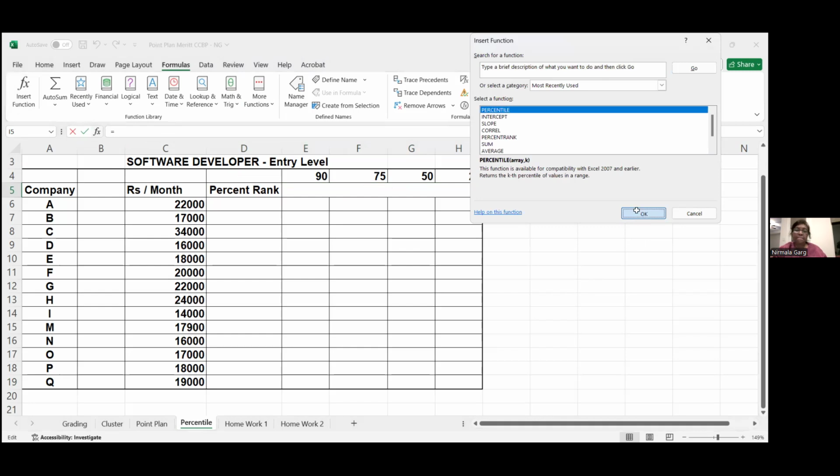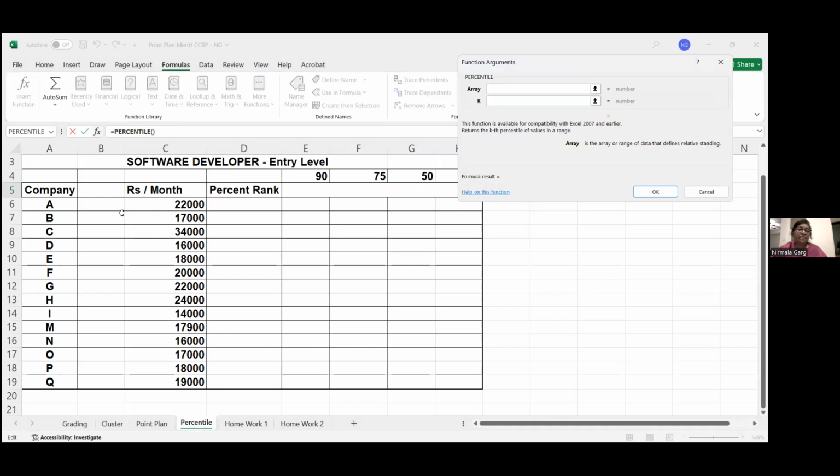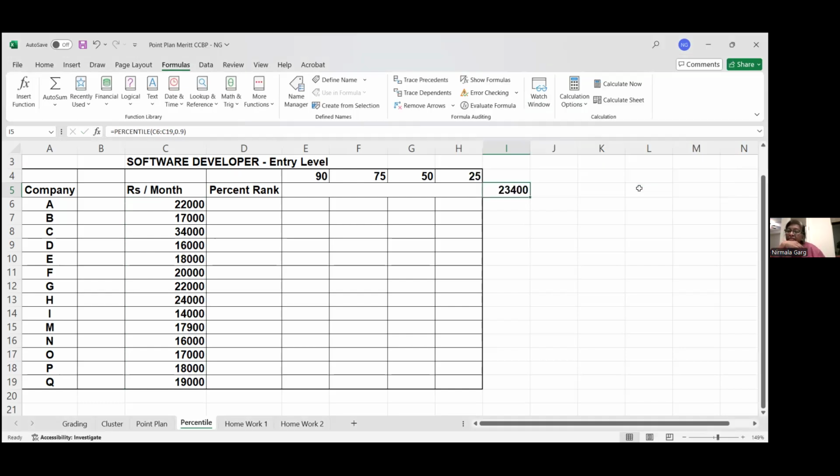Then the array. Then 0.9. Okay, so what is the amount at the 90th percentile? 23,400.